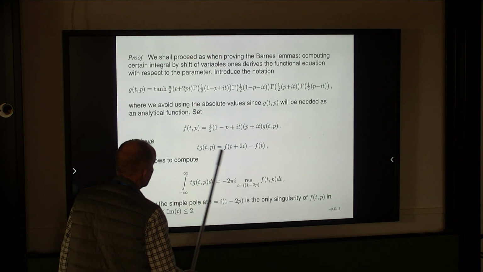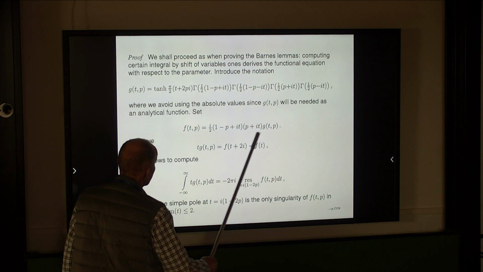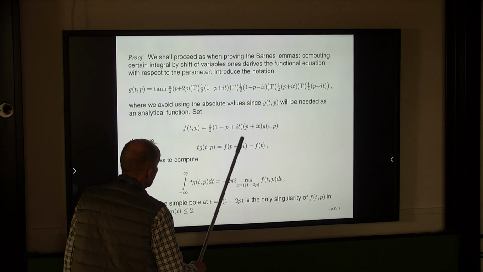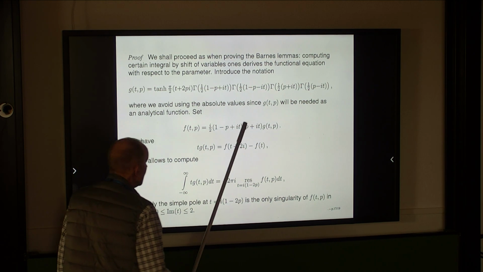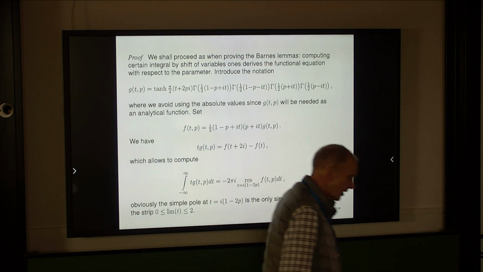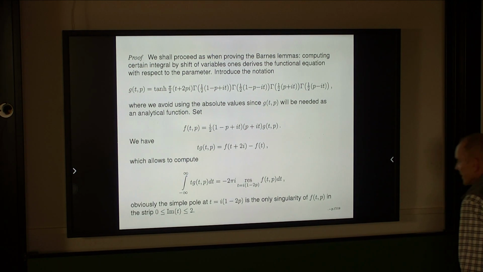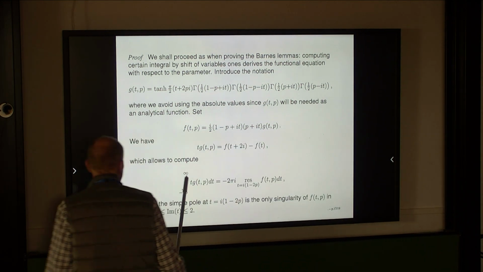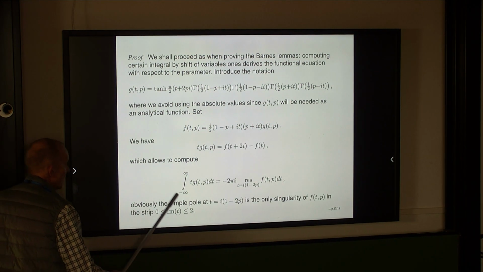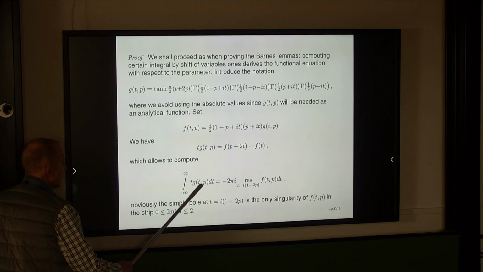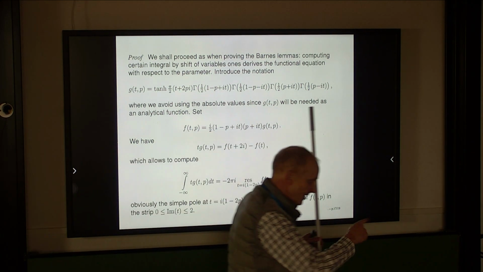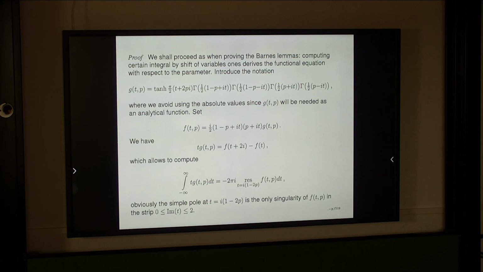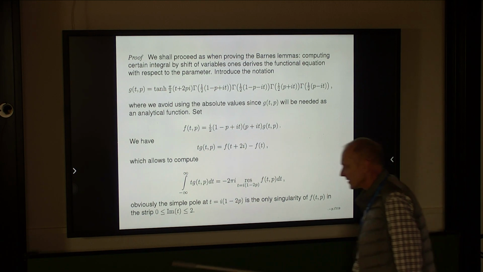Then it's easy to see that G is a difference: G(t) equals f(t plus 2i) minus f(t). This allows us to compute an integral along the real line of this tG, because this is just a difference. You make this integral a difference of two integrals, and it is sitting at only one pole inside.